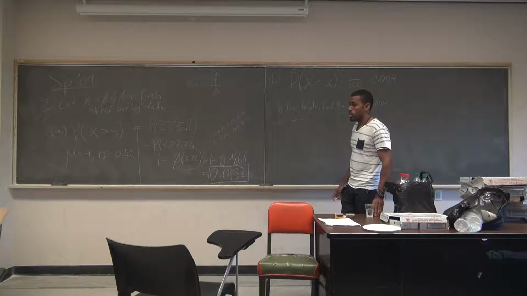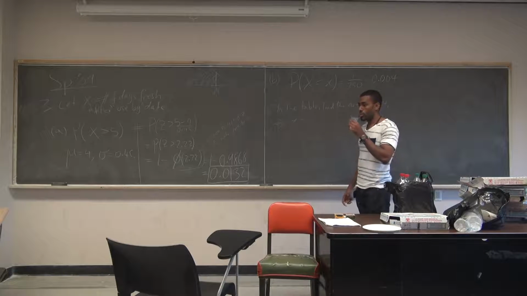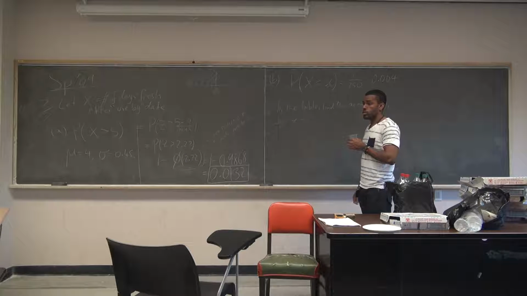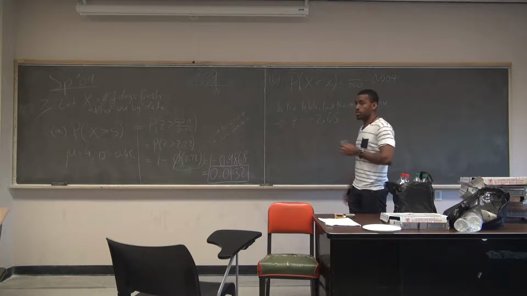Oh, there's so many. That's not it. So there's a range. Find the closest one. It's 0.004. Right here. Bam. Negative 2.65.